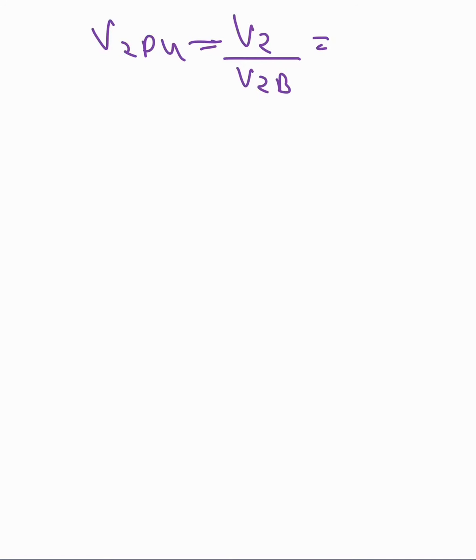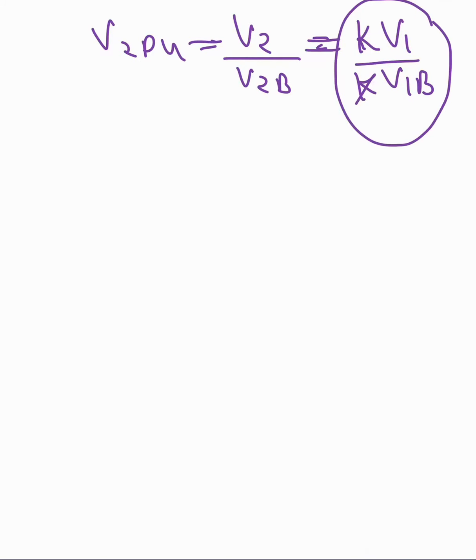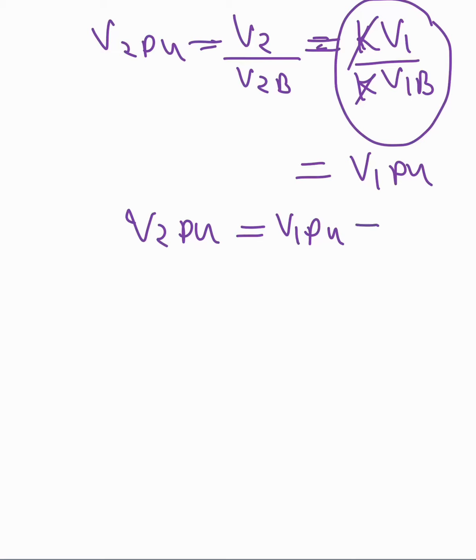V2 we can write as K V1 upon K V1B, and this value is equal to V1 per unit. So V2 per unit is equal to V1 per unit, which is equal to V per unit.